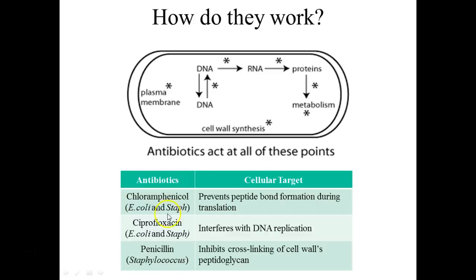So as I said, for each one of these, it tells you what it actually does. So Cipro interferes with DNA replication. So it targets the enzymes specific to that method. So each one of them has a different target.